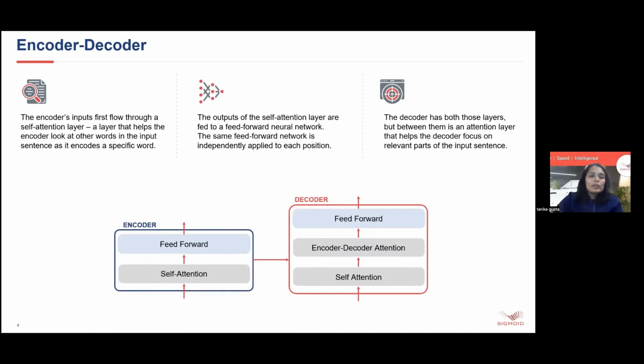Now, we'll further deep dive into the architecture of the encoder and decoder. In the encoder, we have two layers. The first layer is called self-attention, and the second is your feed-forward. The self-attention layer helps the encoder understand which other words are important in the sentence.